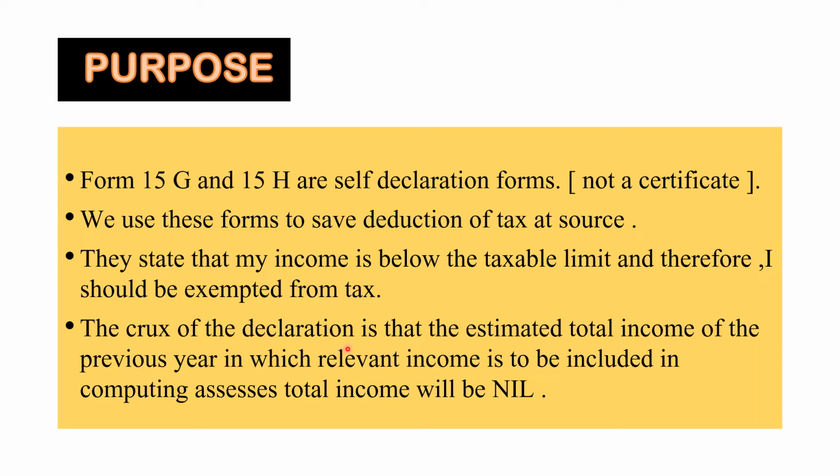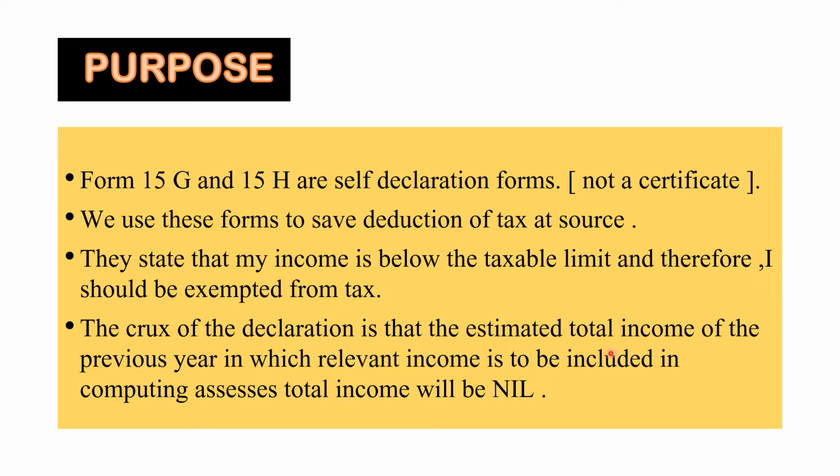The crux of the declaration is that the estimated income of the previous year, in which the relevant income is to be included in computing the assessee's total income, is nil. Please listen to this line very carefully. We will be computing the assessee's total income in this year, right? The assessee's total income will be calculated in this relevant year.